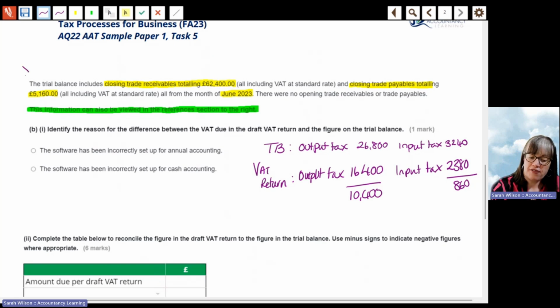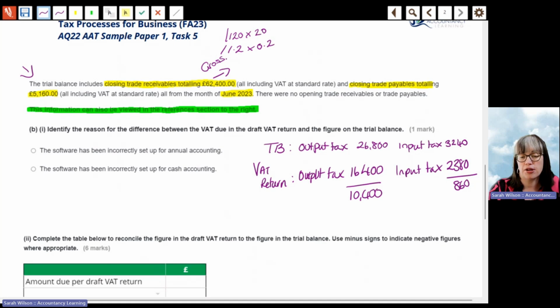Now, the information that we're given here is not irrelevant. So for this trade receivables balance, that's our gross figure. So if we work out what the VAT would be, and remember you can divide by 120 and times by 20, or you can divide by 1.2 and times by 0.2 to work out VAT from a gross amount, just depends whether you prefer decimals or not.